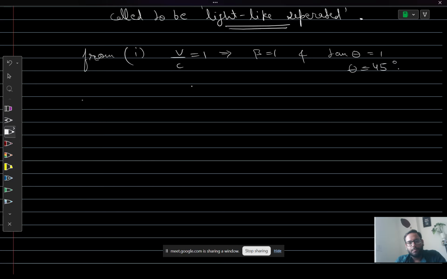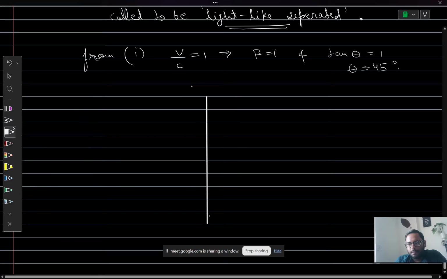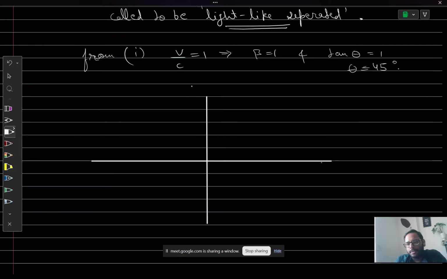Now, let's draw it. This is my R space, considering all of the 3D space in just one dimension. Sorry, there are three dimensions in this one axis. And this is ct. So how will the trajectory of a photon, or light, look like?